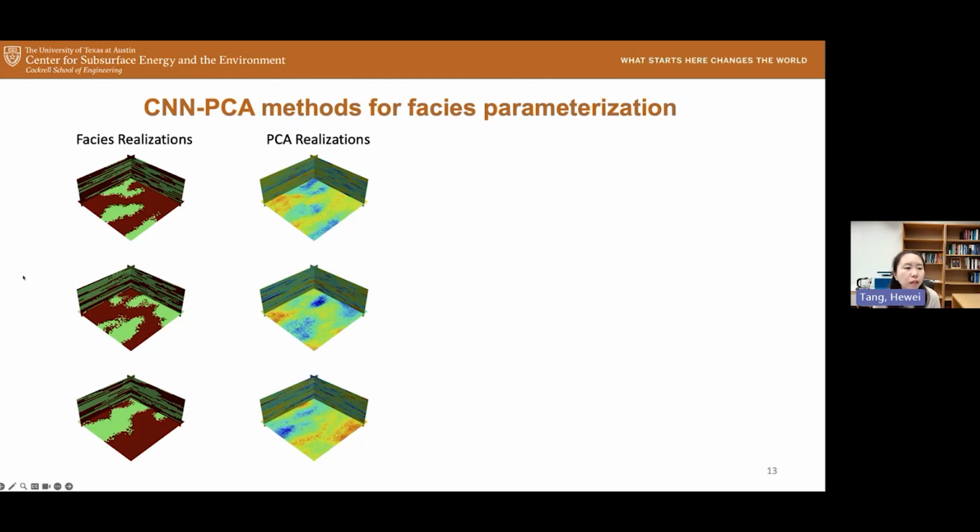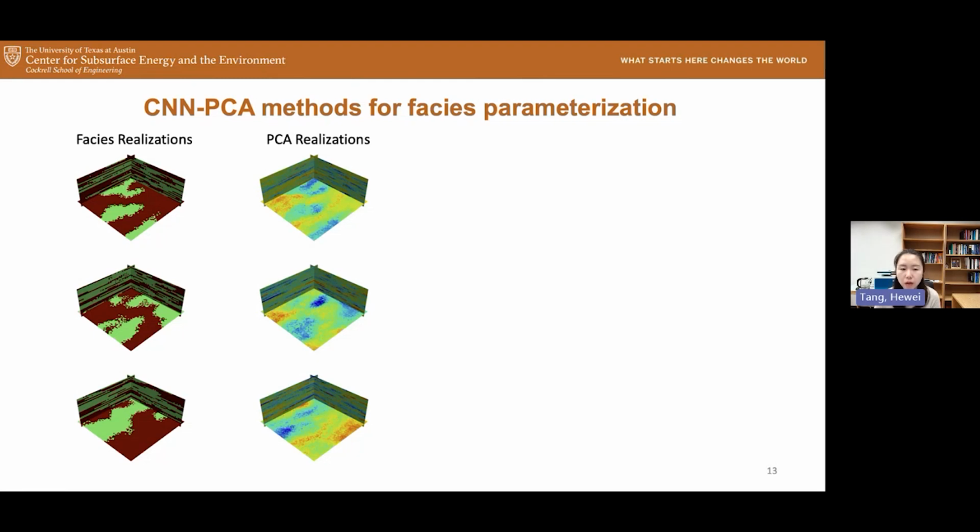If we reduce the dimension of these facies realizations, get a latent space variable representation, and try to regenerate this field with PCA, this is what we get. It is a continuous distribution.